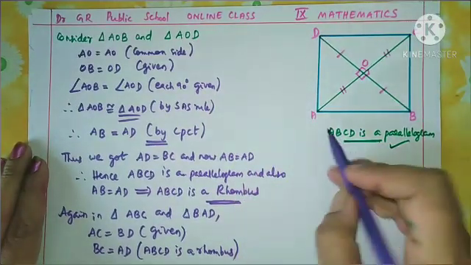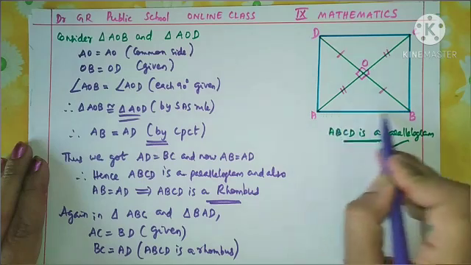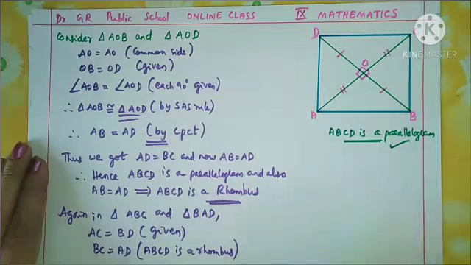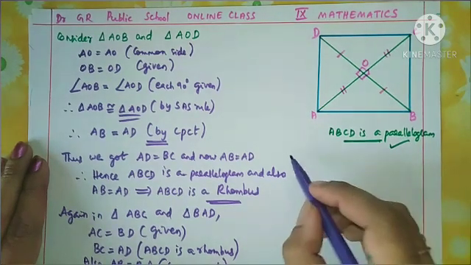And what about this side AB? This is the common side for both the triangles. Also, AB equal to BA, common side.